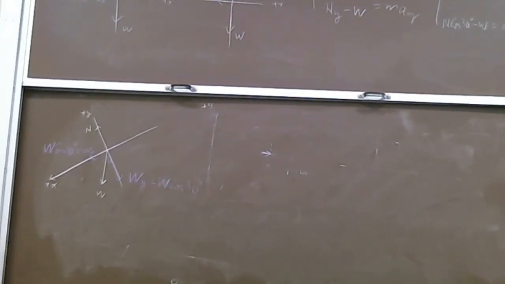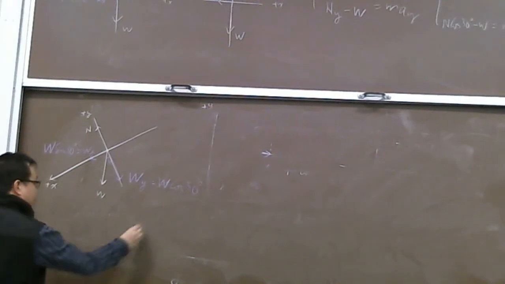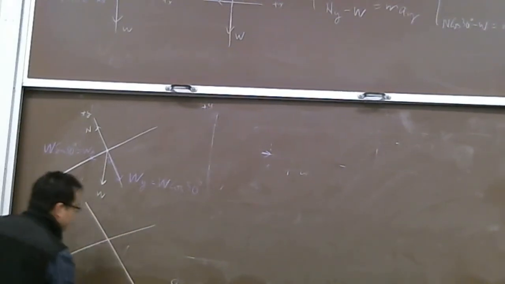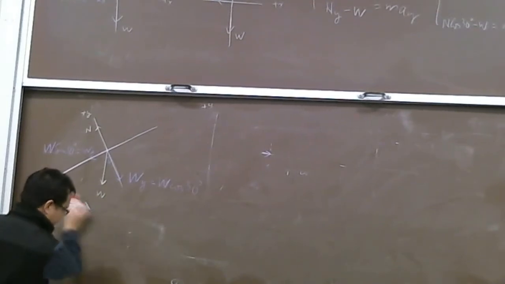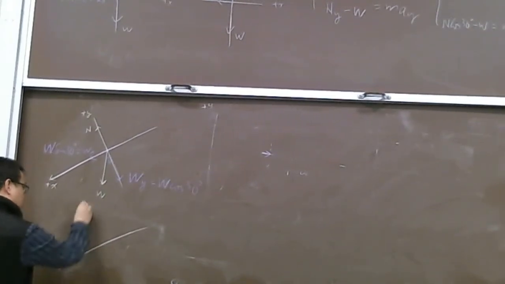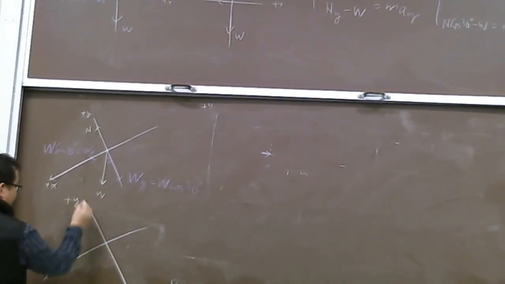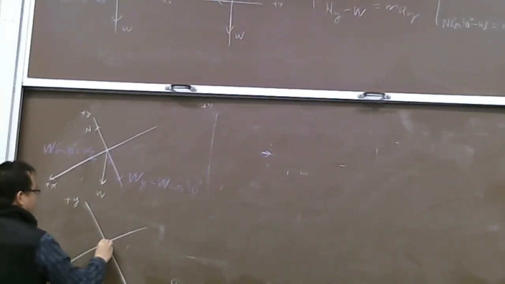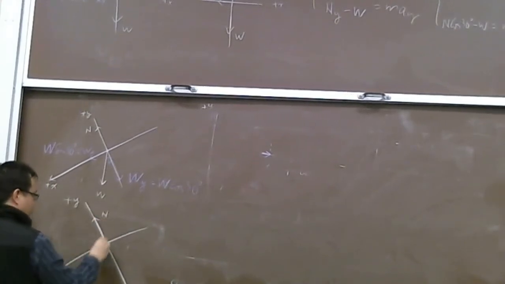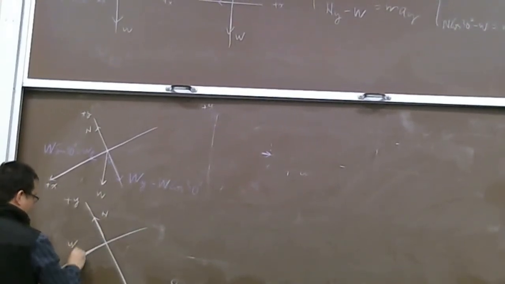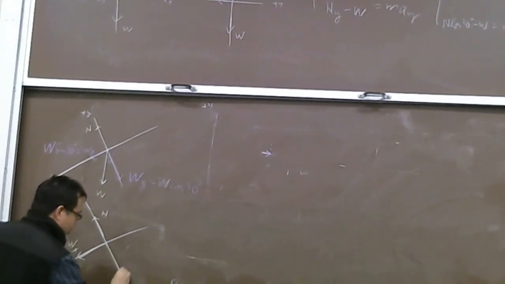After decomposition, if you draw the clear diagram, this is positive x, this is positive y. So you have N along this direction, Wx and Wy.